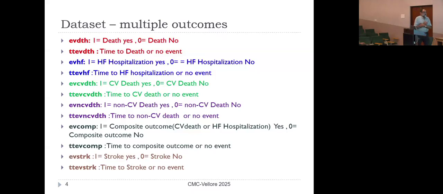Their primary one here is EVCOM, which is the composite outcome of CV death or heart failure hospitalization, whether it occurs or not, and the time to it occurring. So you see that the ones that are the same color go together. One is the occurrence or not, and the time to the occurrence. They always go together in survival analysis.